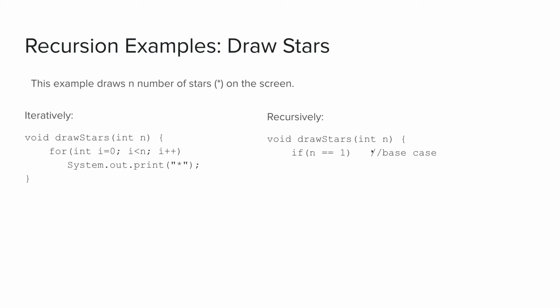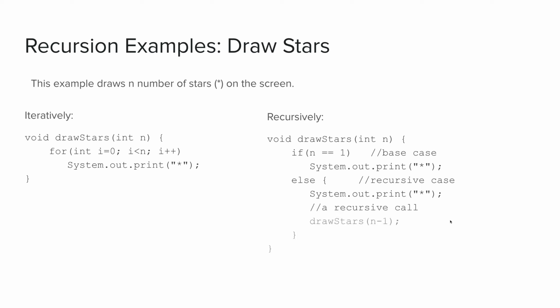That means that we only need to print one star and the function doesn't need to call itself. However, if n is not 1, we can print one star and then recursively call draw stars with a smaller problem, which is n minus 1. So assume that n is 3.